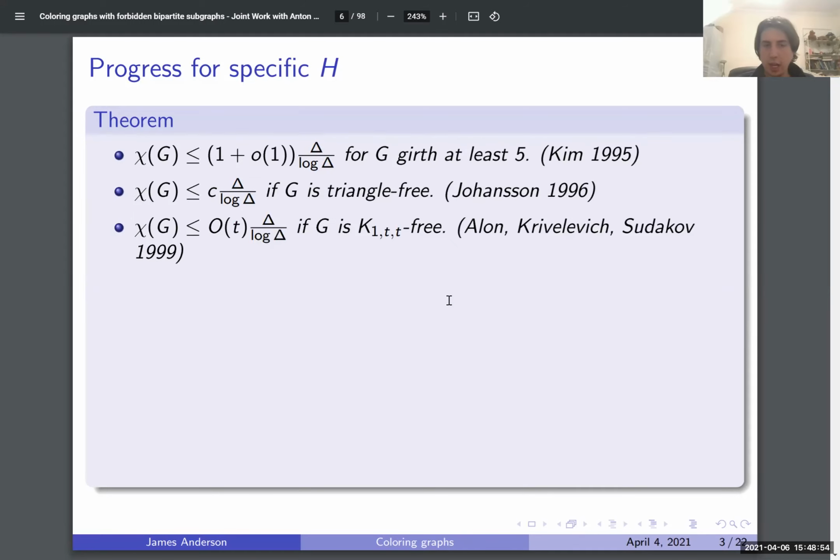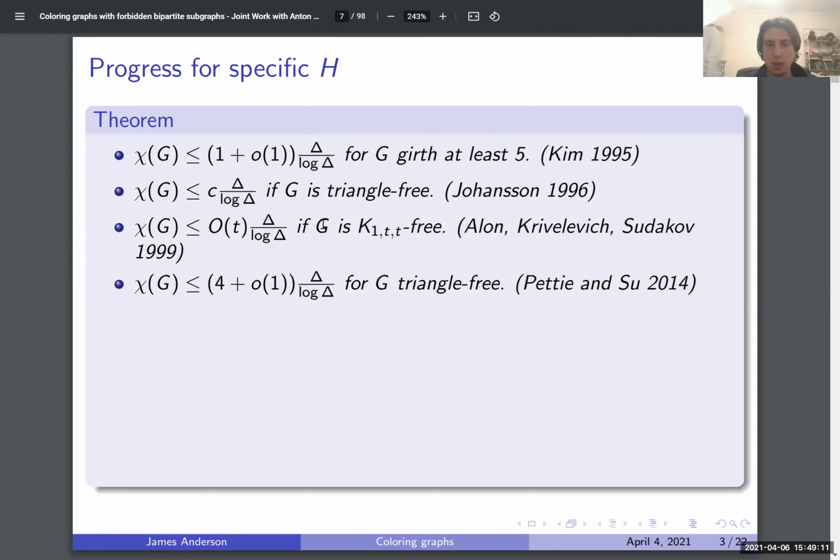In 1999, in the same paper as the conjecture, it was shown that if G is K_{1,T}-free, then we can get a constant that depends on T, so big O of T, delta over log delta. In 2014, Pettie and Su improved Johansson's result from C to a constant 4 plus little o of 1 for G triangle free.